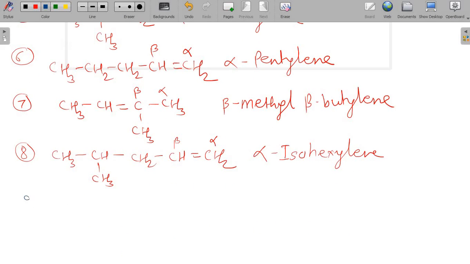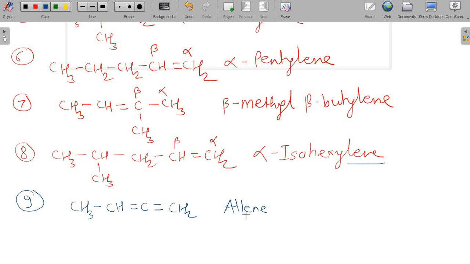If there are 2 double bonds in a single molecule, then the compound is called allene. So this is CH3, CH double bond C double bond CH2. This is called allene. So these are the different examples of the common name system for alkenes.